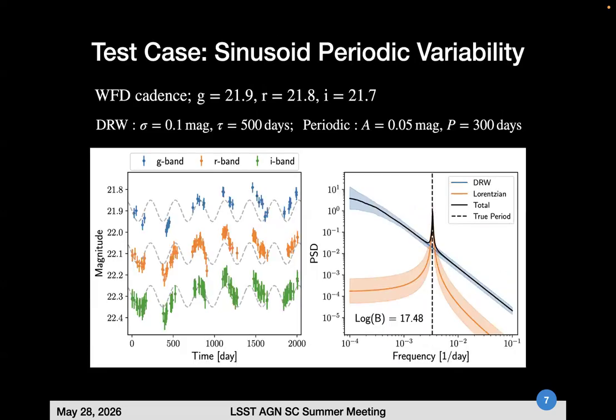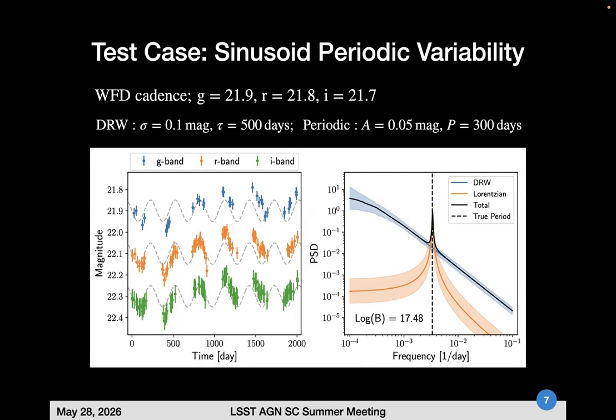And we first started to test on some simulated light curves that have these characteristic shapes of periodicity, starting with the sinusoid. Here, the black dashed line shows the input sinusoid light curve, and the colored ones show it with the DRW added on top and downsampled to the WFST cadence.